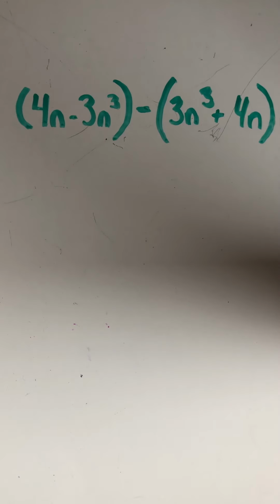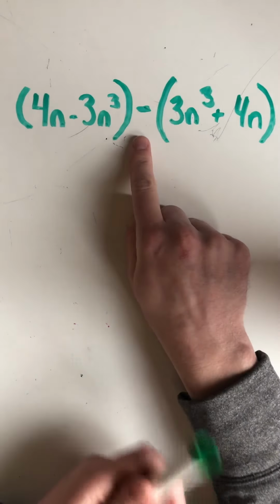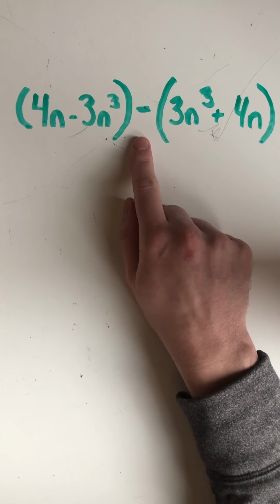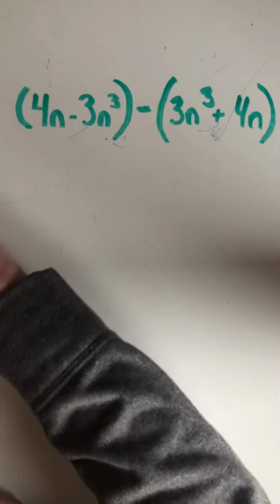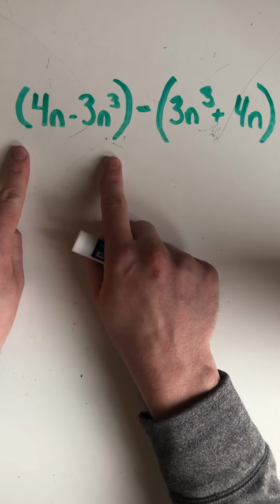So I'm noticing that it's subtraction of these binomials, and so I need to follow my keep, change, flip rule. I'm going to keep my first binomial the same and rewrite it.